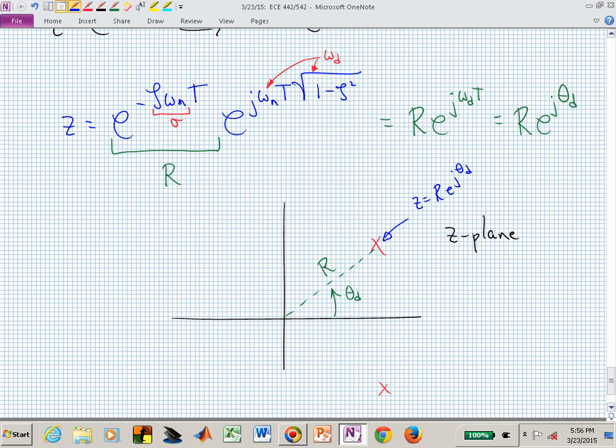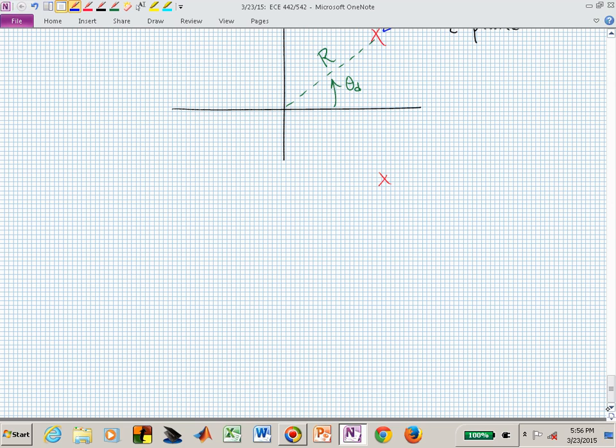That was the pi wedge. Settling time was the vertical line into the left half plane, and peak time was our omega sub d in the s-plane. Let's see what those look like in the z-plane.